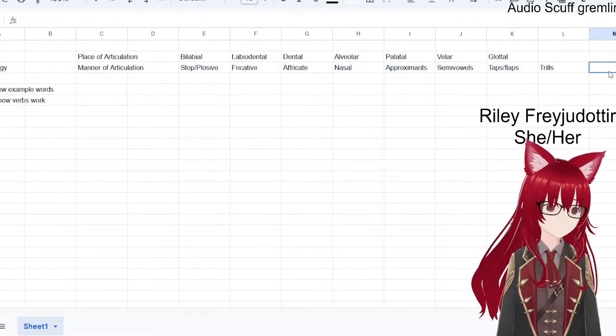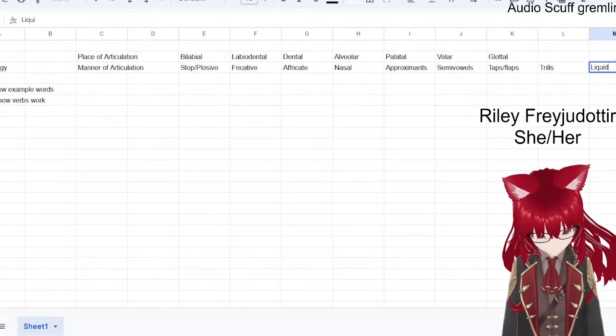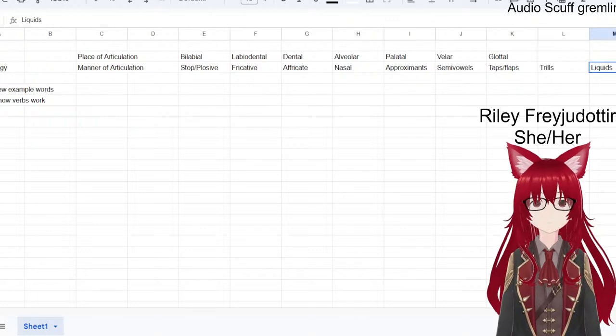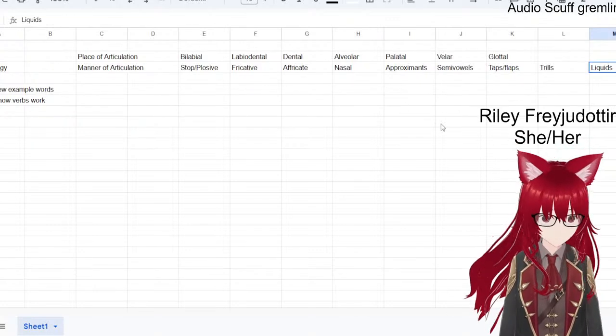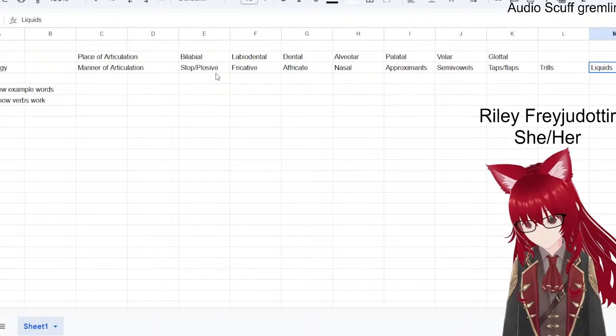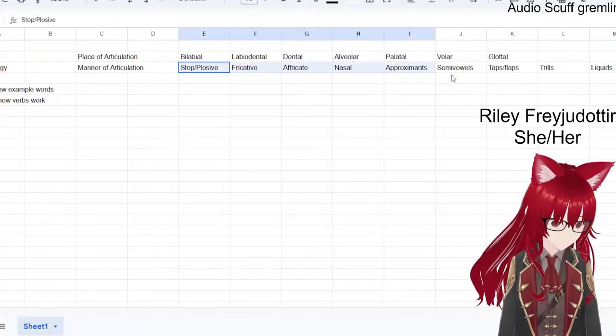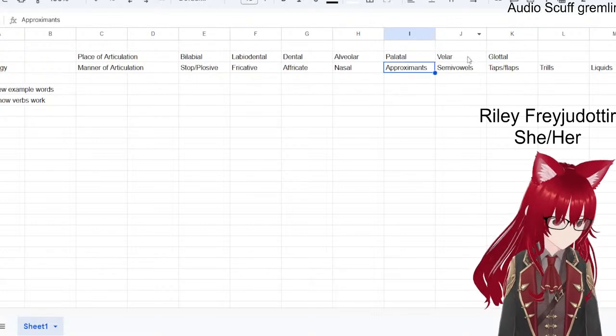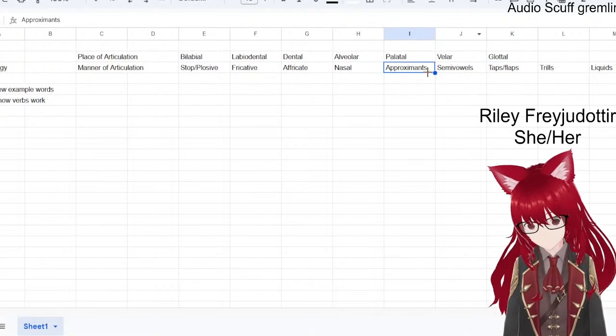All right, and then there's also liquids. Those are sounds that are not here. They're like L sounds, la, la, la. They're not really taps or flaps or approximants, but they're sort of close to those.